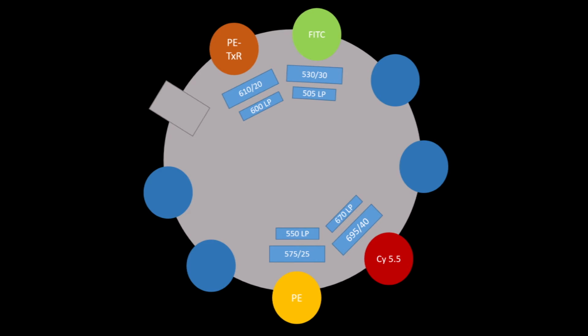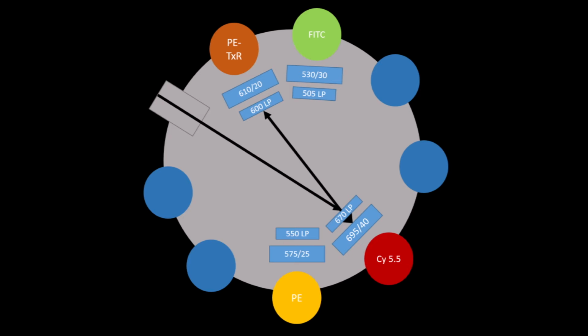The detectors have a specific configuration on the cytometer, like in this arrangement called octagon. In each circle, there is a detector that has two filters. When light enters this arrangement, it will encounter a filter. The first one is a dichroic low-pass filter. This means that wavelengths below 670 nanometers are going to be reflected, and wavelengths above this value are going to pass through.